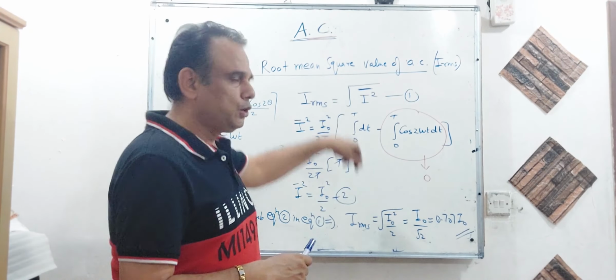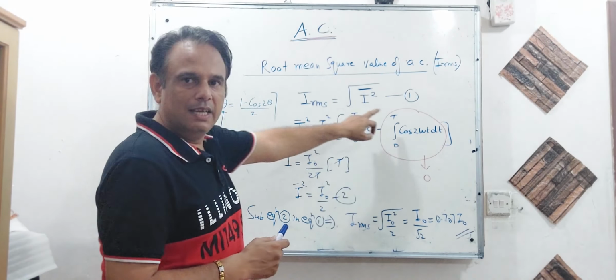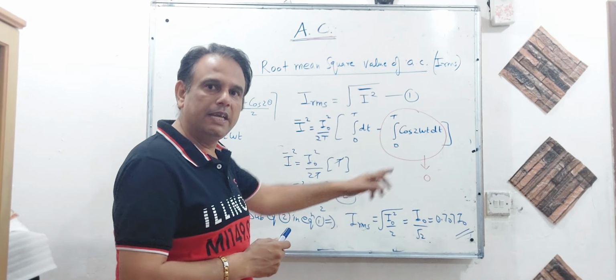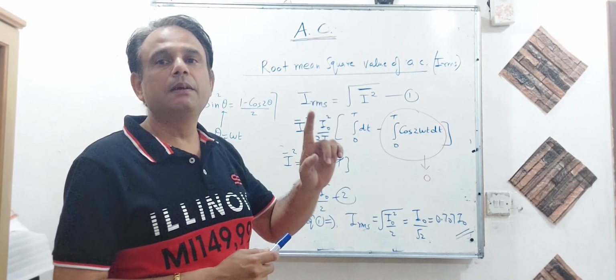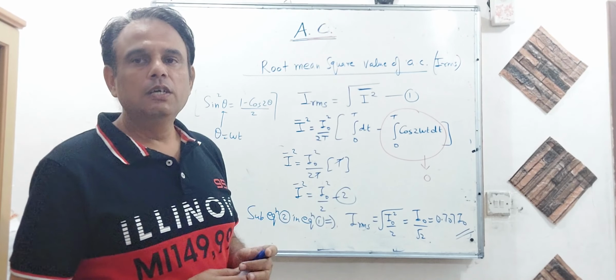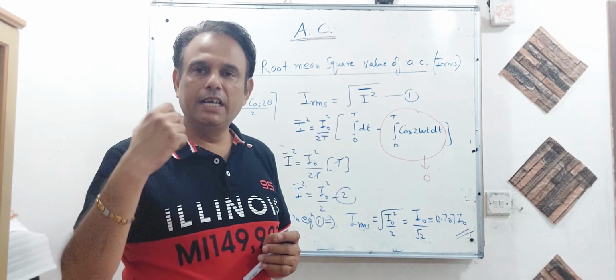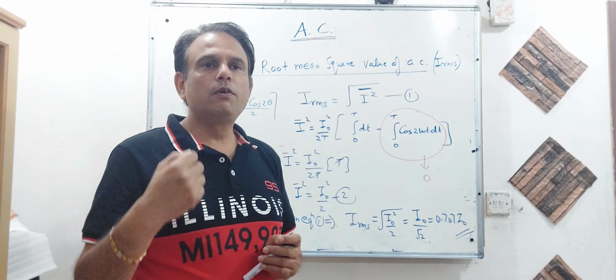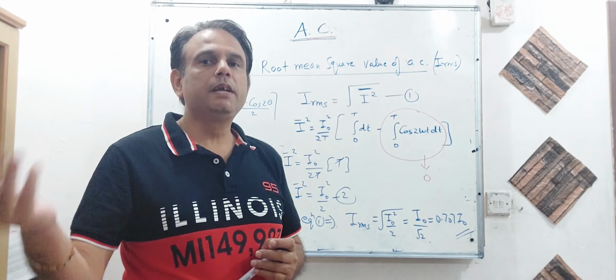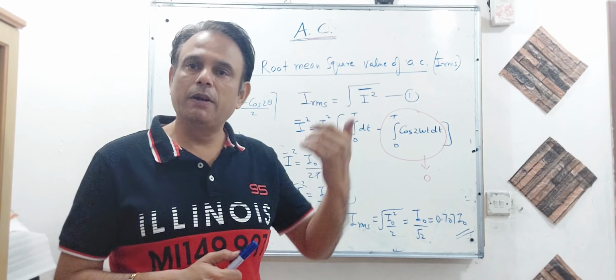So the two equations which we came to know today: IRMS is I0 by root 2, ERMS is E0 by root 2. RMS means root mean square. It is also called virtual value. So whenever we have to relate the RMS value of current with the peak value, this is the formula. IRMS equals I0 by root 2.